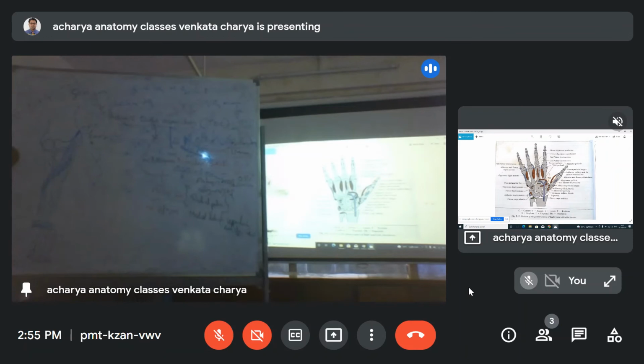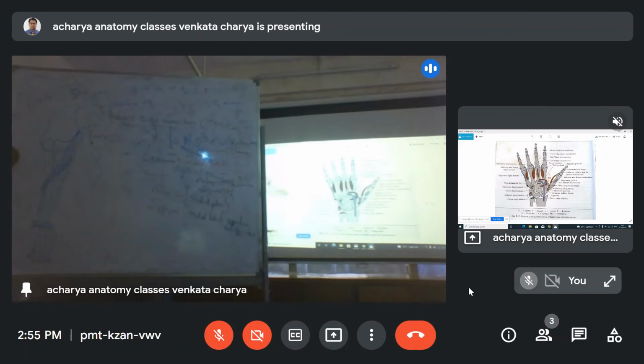Okay. Next muscle. What is the next muscle? Extensor pollicis brevis. Write down, extensor pollicis brevis origin. Extensor pollicis brevis originates from the posterior surface of the radius.